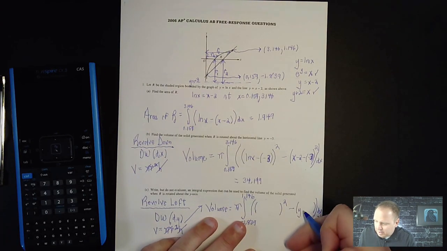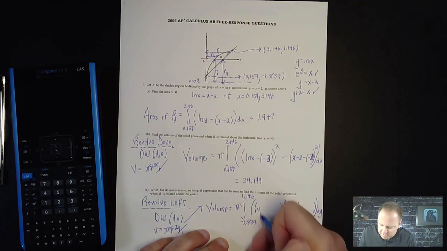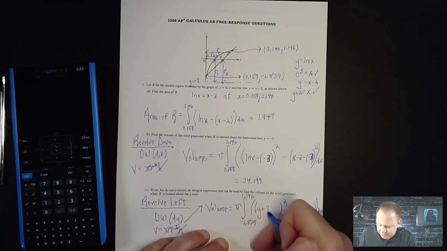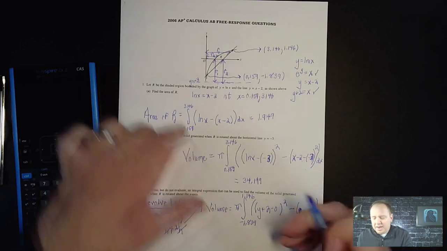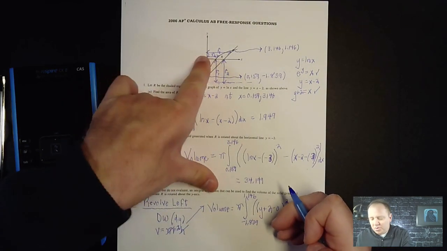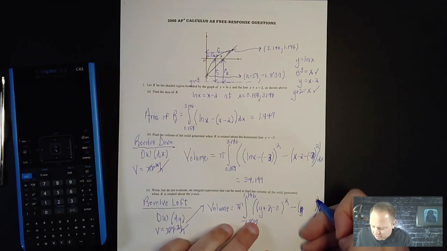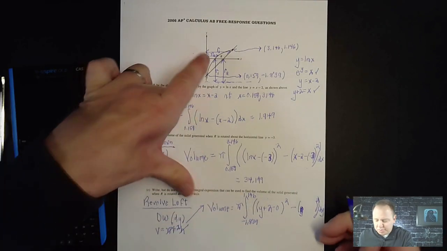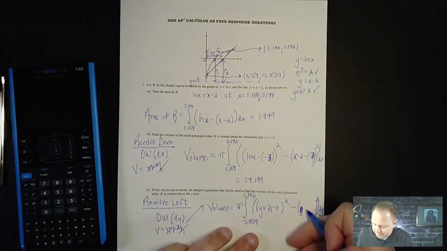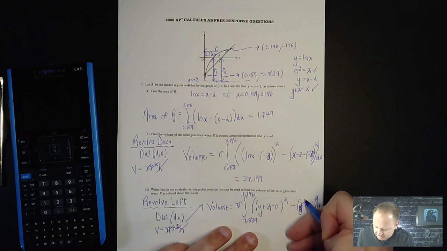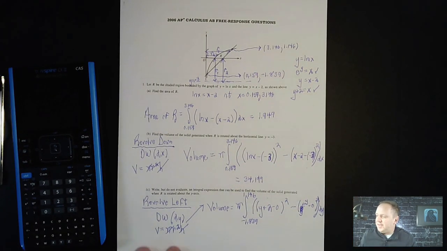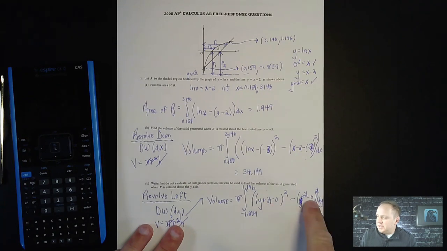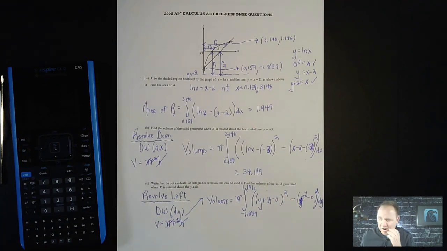Y plus, oh, I'm sorry, I'm over here. Y plus 2 minus 0. And then I need to go right minus left into the wash and subtract that radius squared out, which would be e to the y minus 0. Sorry for a little bit of the sloppiness here, but you're getting the gist. And make sure those radii are being squared and then you're washing out that way. So that takes care of that.